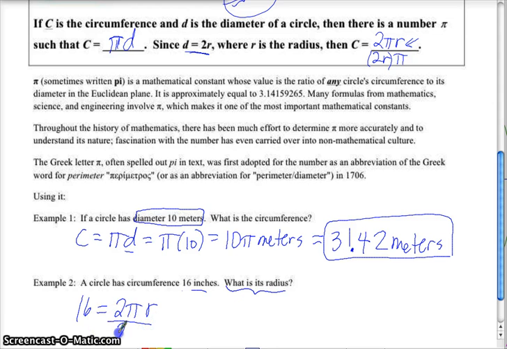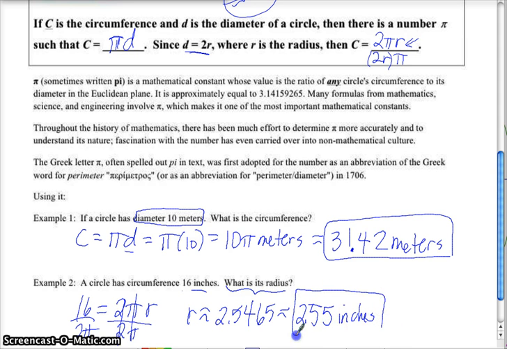So I divide each side by 2 pi. 16 divided by 2 pi is about 2.5465, or about 2.55 inches. So the radius for this example is about 2.55 inches.